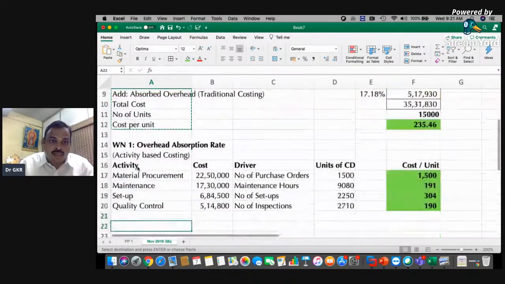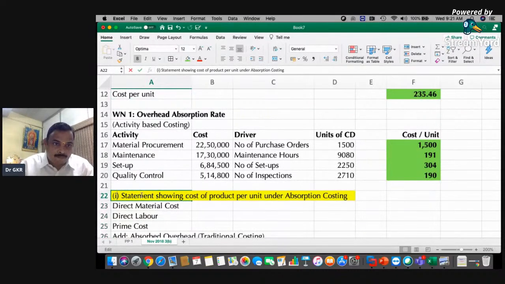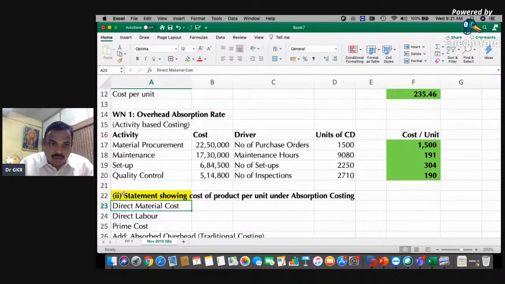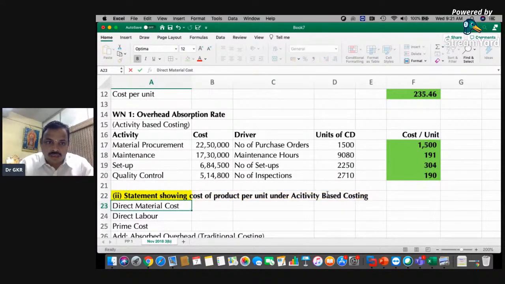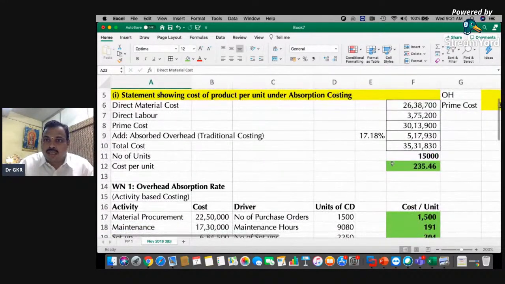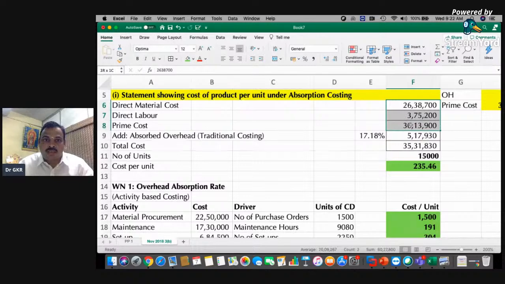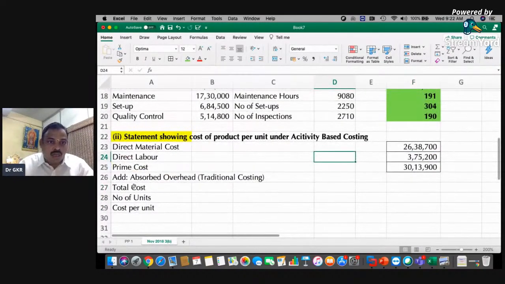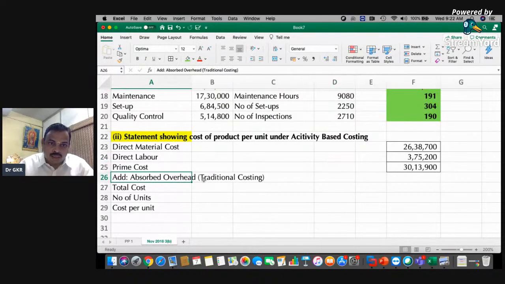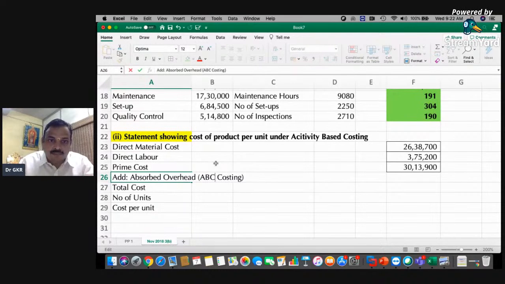Statement showing cost per unit. Now under activity based cost, what is your material cost? Same. Material cost plus labor cost plus prime cost, same. That I am going to take. Now what is your absorption costing? I am using absorbed overhead using the ABC method.